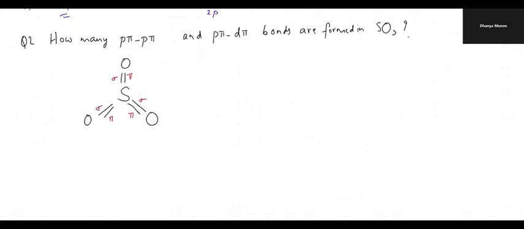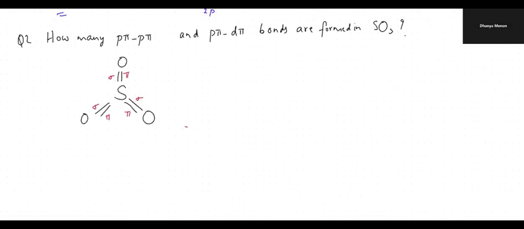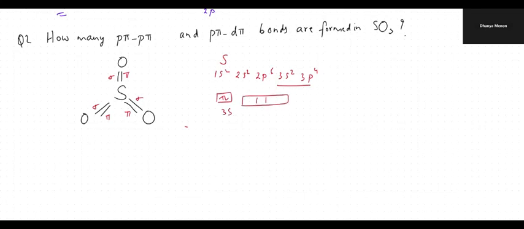So let's start with the configuration of sulfur. Sulfur is 1s2, 2s2, 2p6, 3s2, 3p4. So I don't need all of them, the inner orbitals. I just need 3s2, 3p4. So I'll just draw only 3s2 having 2 electrons, and 3p. So 1, 2, 3, 4.